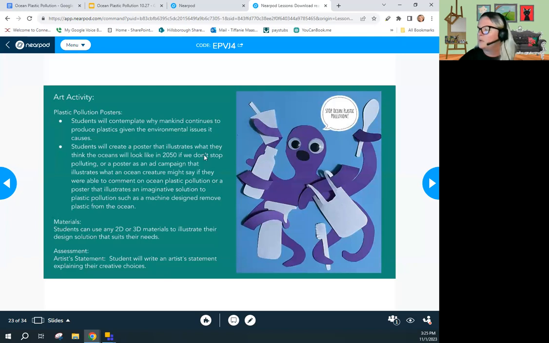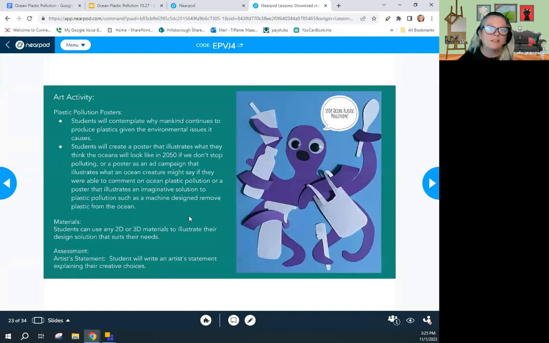So one idea is that you could illustrate what the oceans might look like in the year 2050 when there's more plastic than fish in the world's oceans. Or maybe you want to do what I did and design an ad campaign poster for a sea creature who's expressing how they feel about all of our plastic pollution in their ocean.